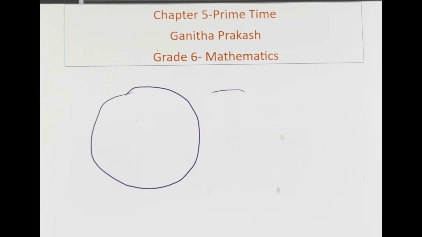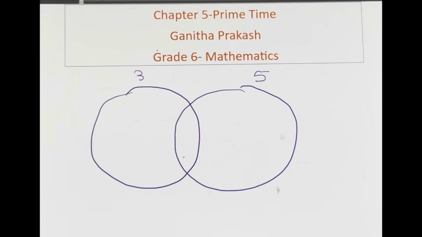Multiples of 3, multiples of 5. So here we write for 3, here we write for 5, and common ones in the center. It is till 60. So if we take 3, I'm going to write all the multiples of 3, then 6, then 9, 12. Now 15 is common for both, so we write 15 over here.